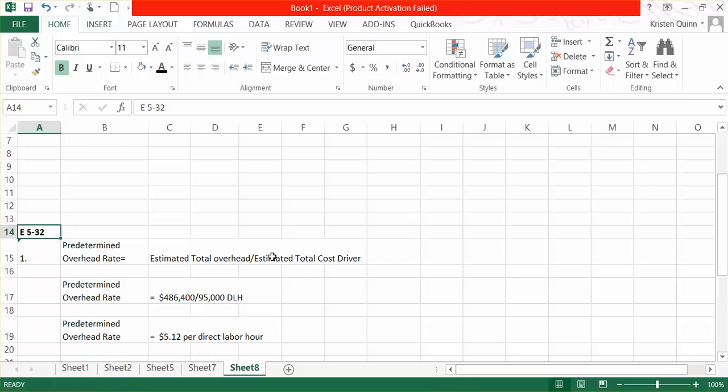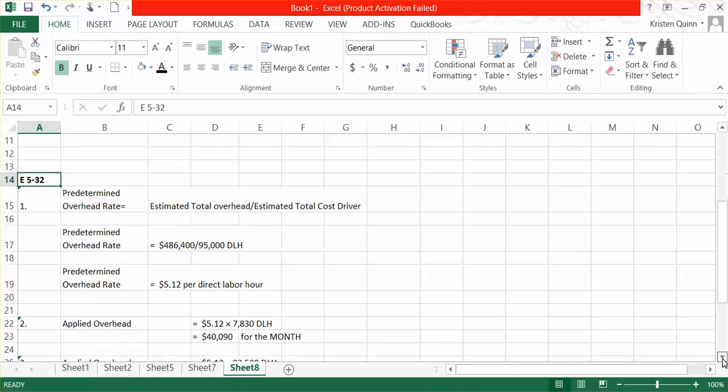So we take our predetermined overhead rate of $5.12 and multiply it by the actual amount of direct labor hours worked in the month of January. So the $5.12 multiplied by 7,830 direct labor hours. That tells us for the month of January, we applied $40,090 in overhead.